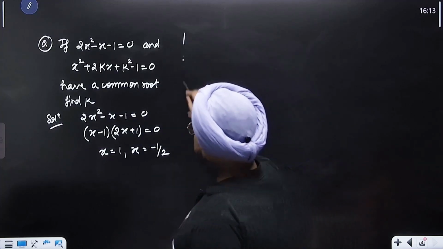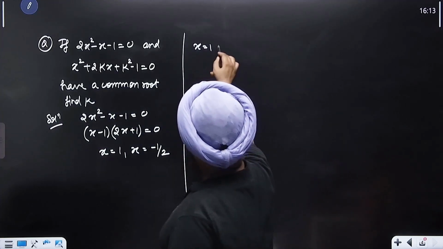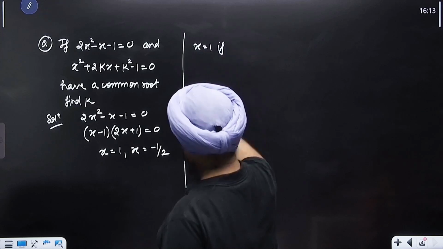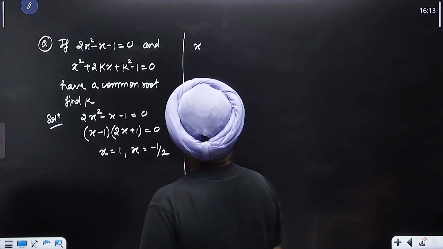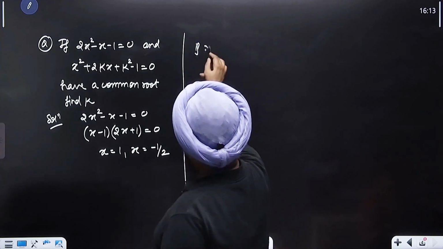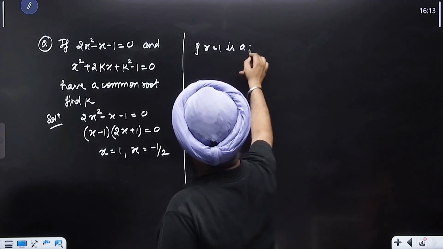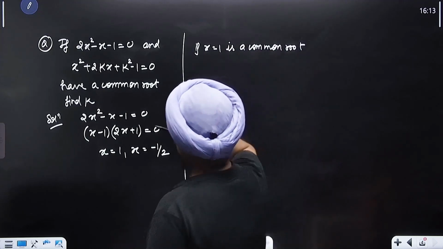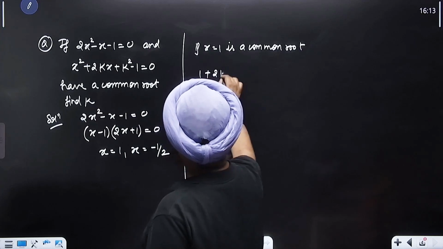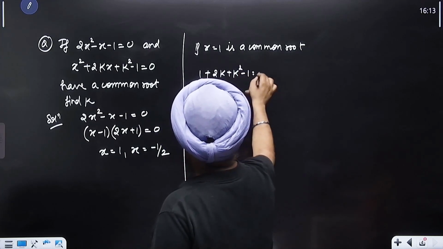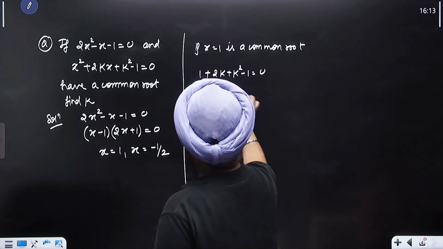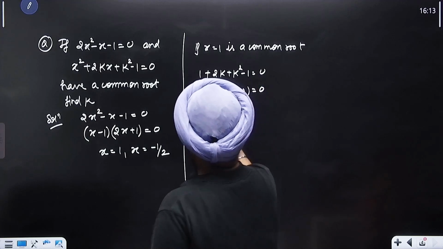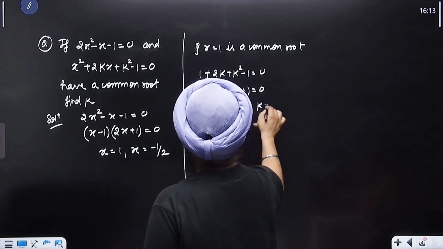So if x equal to 1 is a common root, then it must satisfy the second equation. The value of k is 0 or minus 2.